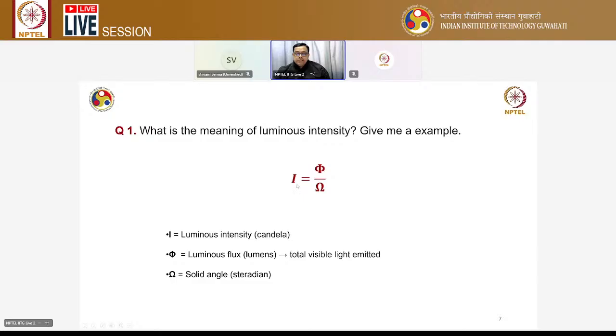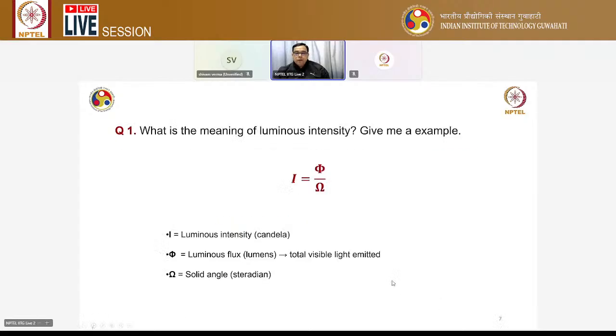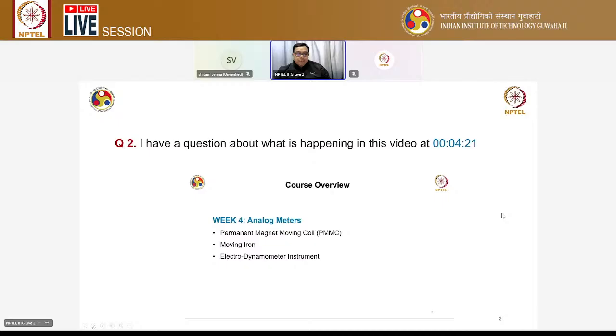Luminous intensity I, whose unit is candela, is equal to luminous flux phi, which is in lumens, divided by solid angle. The unit of solid angle, all of us know, is the steradian. So this is how luminous intensity is defined. I hope that the concept of luminous intensity is clear to you. I have tried to explain it with an example.